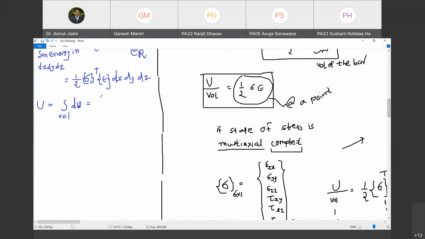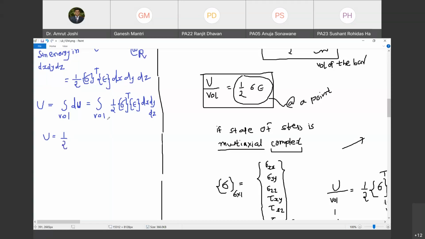So I write it as the integration over the volume of half stress tensor transpose multiplied by strain tensor into dx, dy, dz. Happy? Yes, sir.